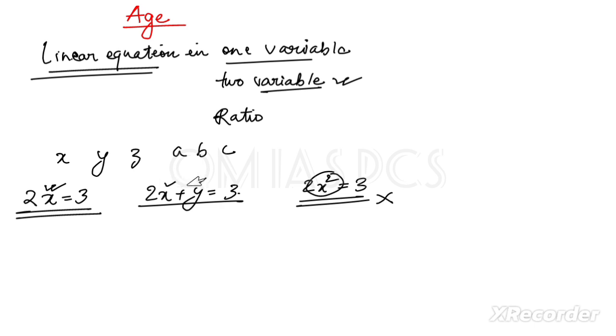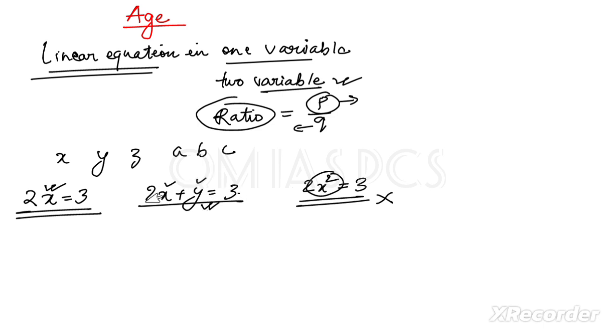Got it? And about ratio, we have discussed this very clearly. Whenever we write in p by q form, this is called the numerator and this is called the denominator, and based on that we have to solve the equations. I hope you know what an equation is. Equation means equality is holding there.